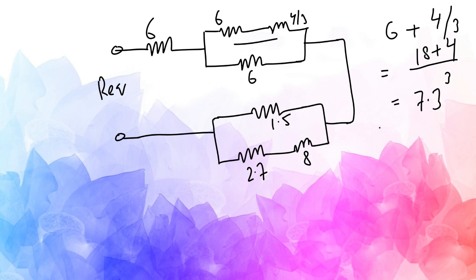So it is 7.3 ohm, these together. Now 7.3 is in parallel with 6, so it becomes 7.3 into 6 by 7.3 plus 6.